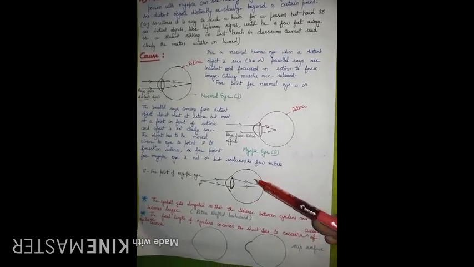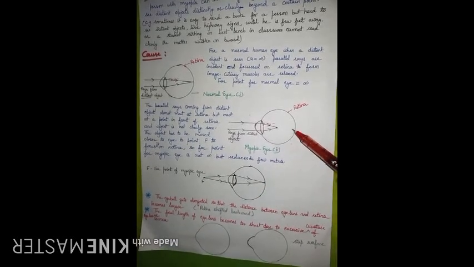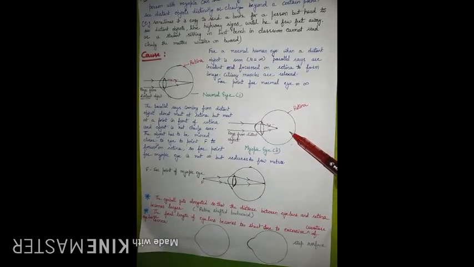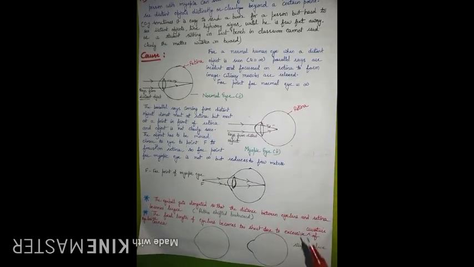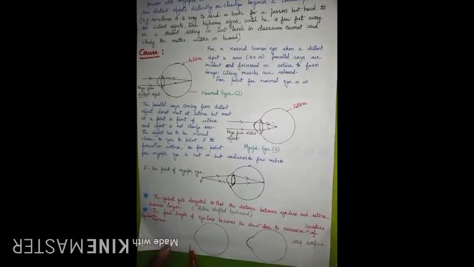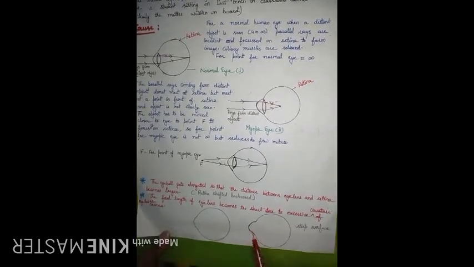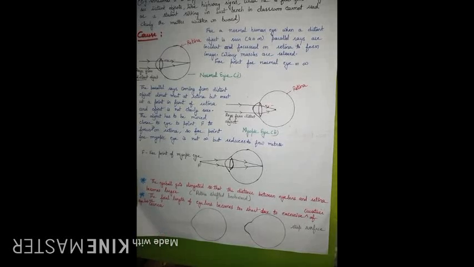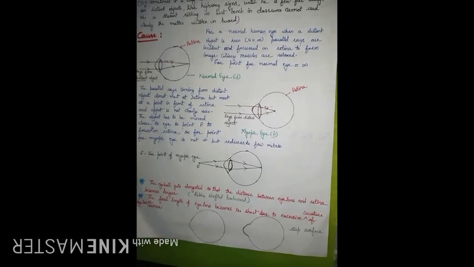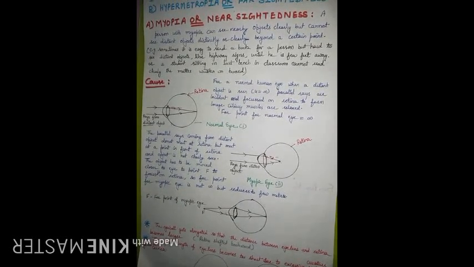Then image formation will not be on the retina and we will not be able to see a clear image. Excessive curvature of the cornea means we have a cornea like this. If it has a dome shape like this, then this will also result in the image not forming on the retina.